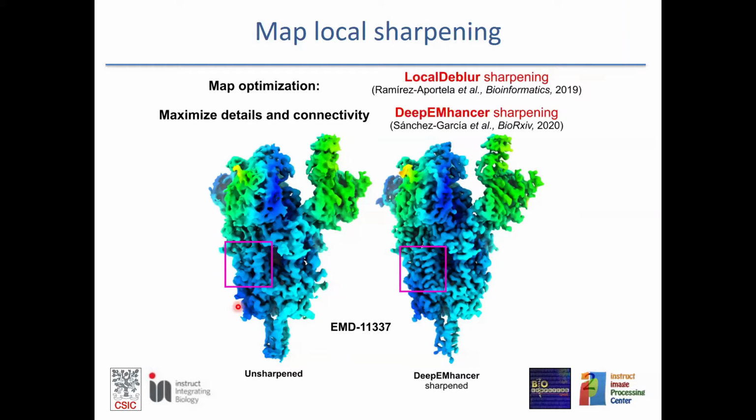Is there a danger of over-sharpening? Yes, of course, there is a danger of doing anything. And for that, we use normally different sharpening. And also, always, we use quality control. So really, when I was saying before that we were calculating the informational content that a model had that was not supported by the map, this was not using any sharpening.